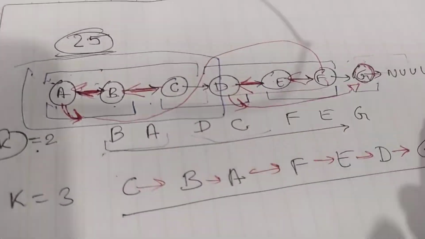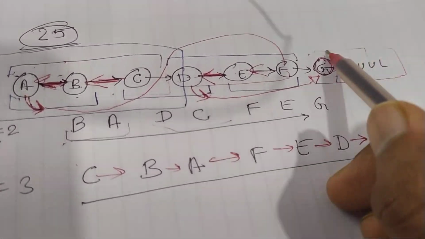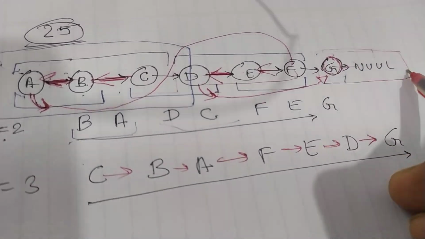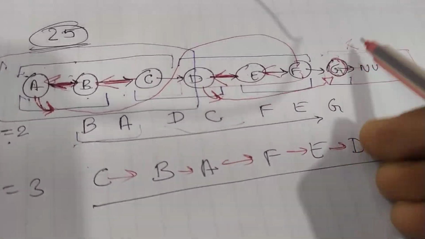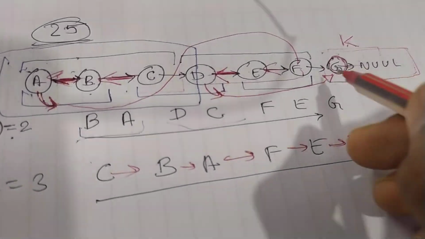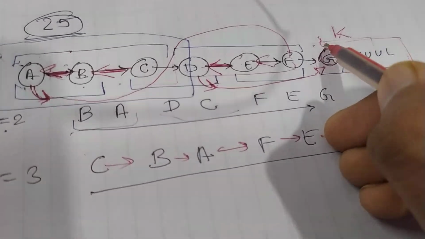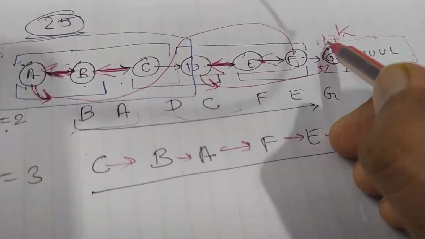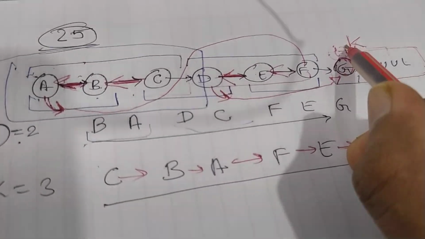The tricky part comes when the last part of the linked list is not completing our group size k. Then what do we need to do? It's a very interesting approach. If k is not satisfied, here i is equal to 1, which means the size of this group is only 1, which is less than k.